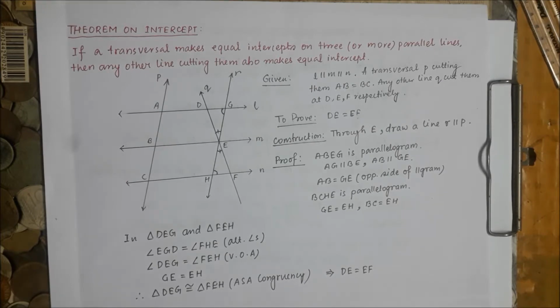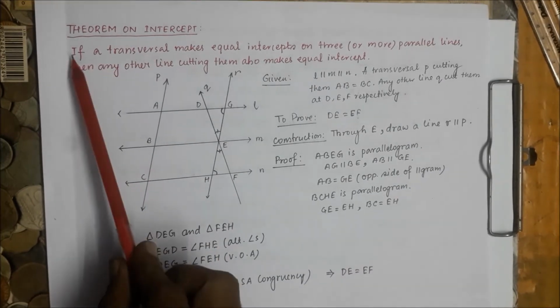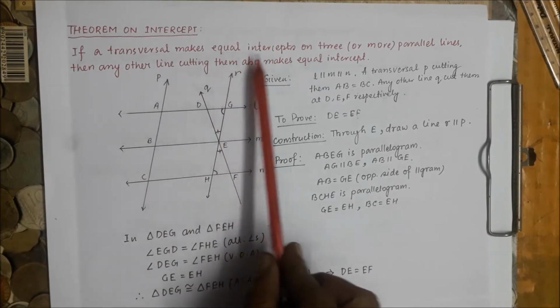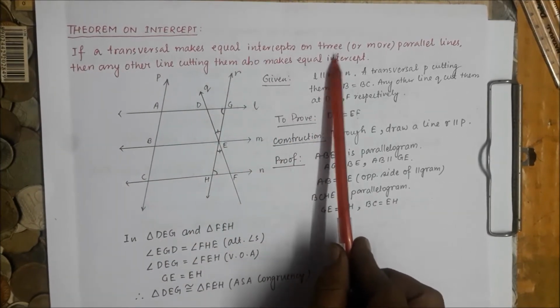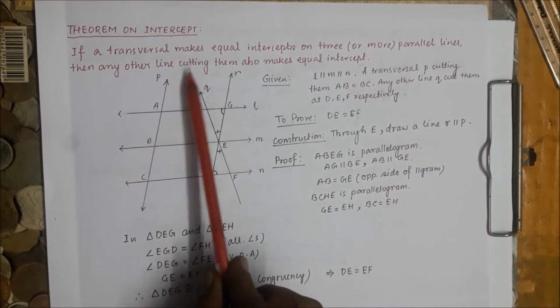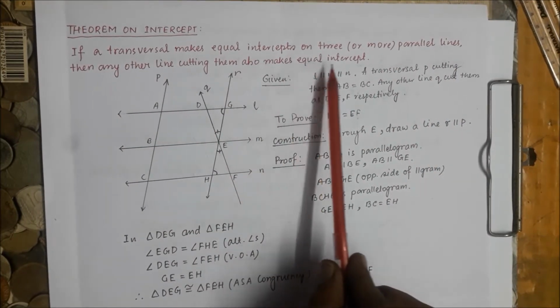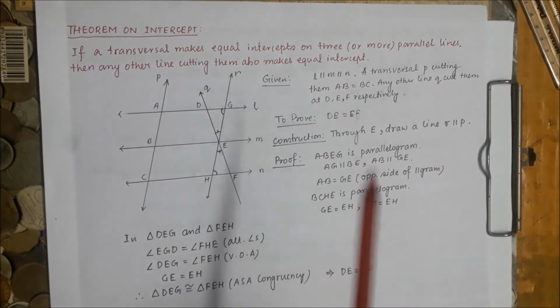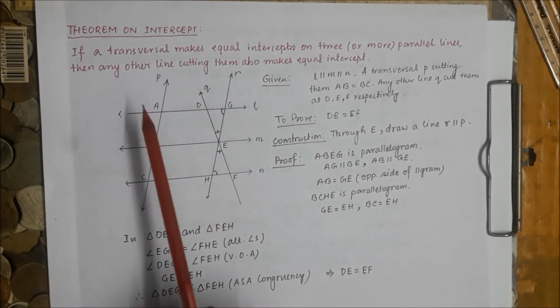So let us begin. The statement of the theorem is: if a transversal makes equal intercepts on three or more parallel lines, then any other line cutting them also makes equal intercepts. Now let us explain this statement.